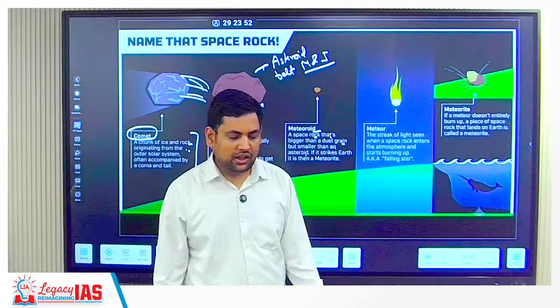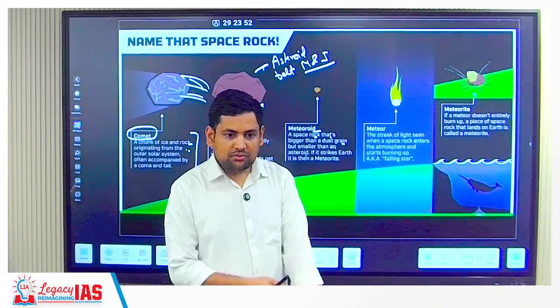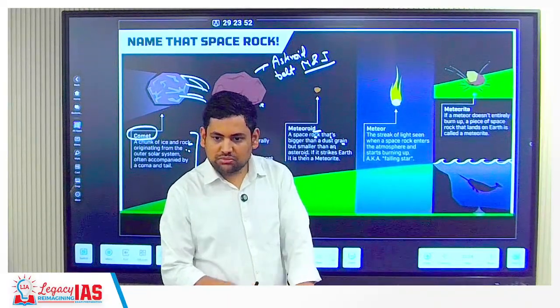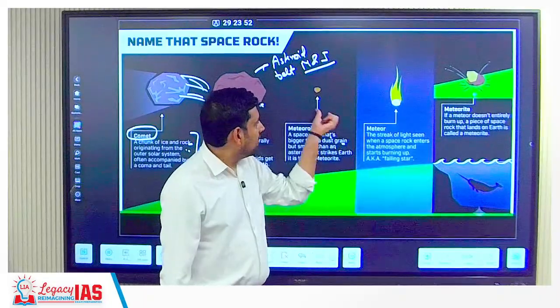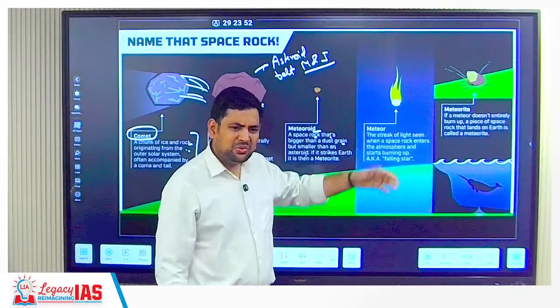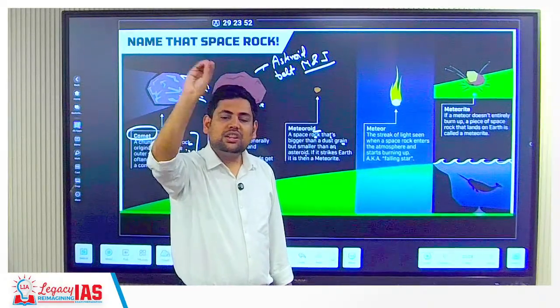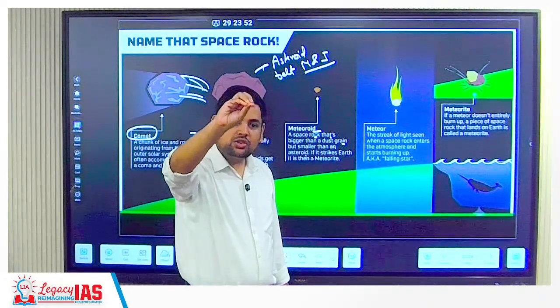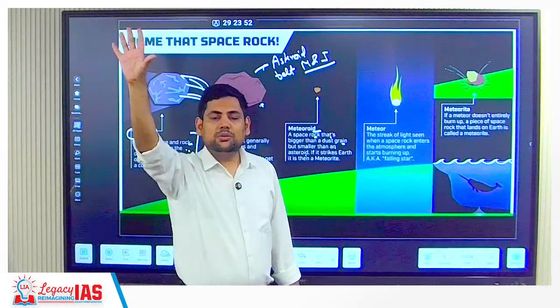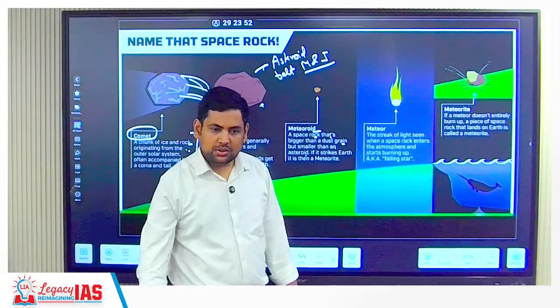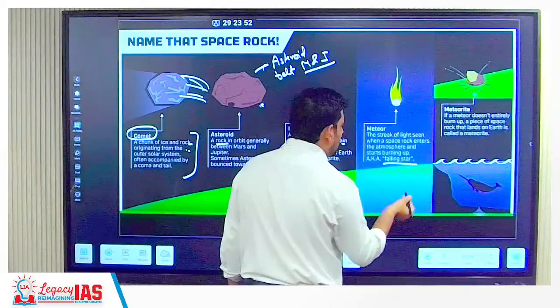Have you felt this? For example, when you fall, because of that heat the skin burns. The same thing happens with this meteoroid also, and most of it is completely destroyed in the atmosphere itself. You will just see it as a shooting star. Some glow you will see and it is gone completely. This is like a falling star that you see.